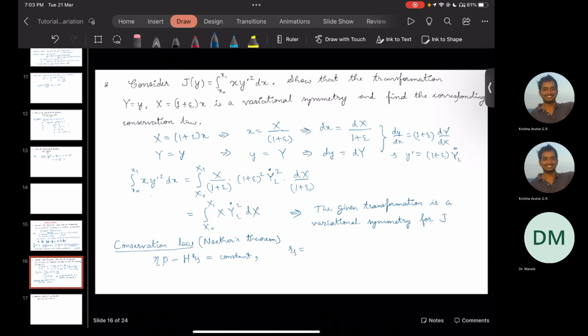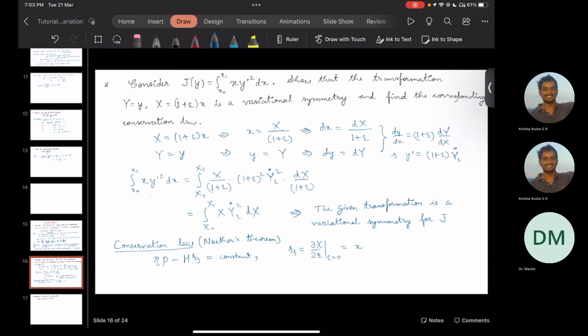First, xi is defined as partial x by partial epsilon at epsilon equal to 0, and this gives us x.